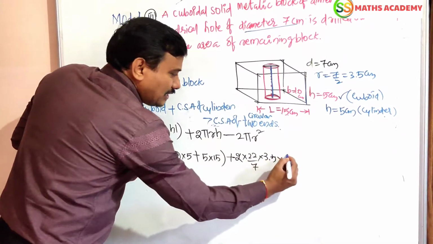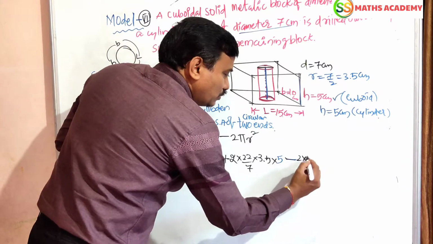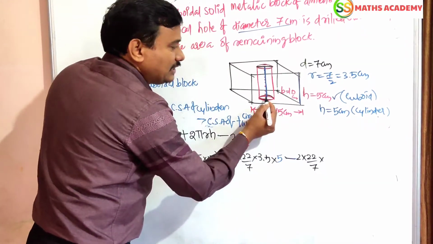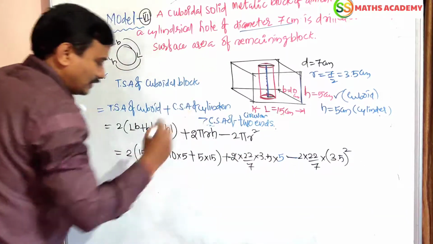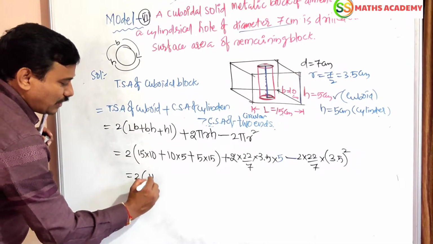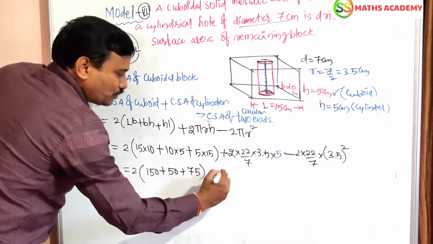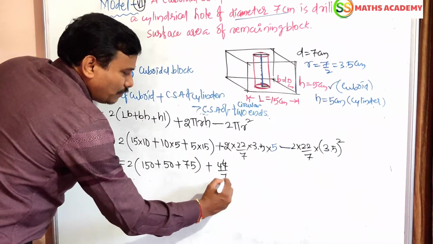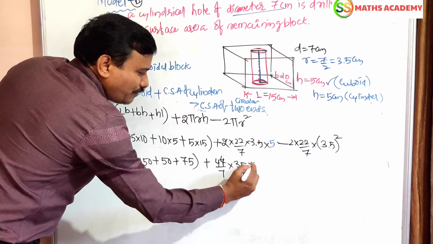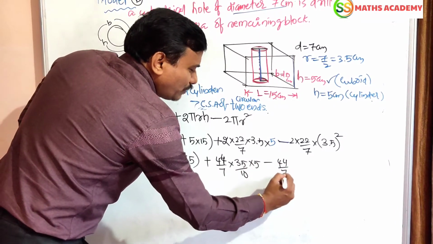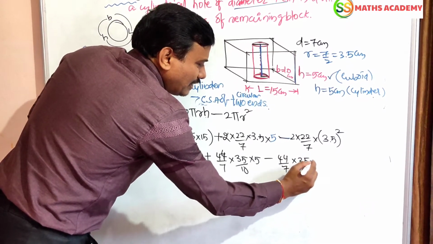Now h means 5, minus 2 pi r square, that is minus 2 into 22 by 7, radius of the circular end also 3.5 whole square. Check. Now 2 into 15 10s are 150, 10 5s are 50, 15 5s are 75, plus 2 into 22, 44 by 7 into 3.5, which is 35 by 10, into 5, minus 2 into 22, 44 by 7, 3.5 whole square, which is 35 by 10, 35 by 10.